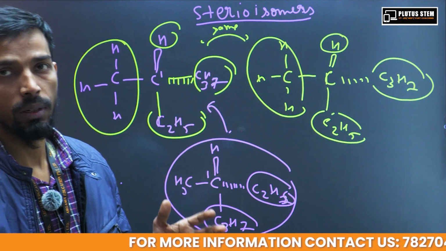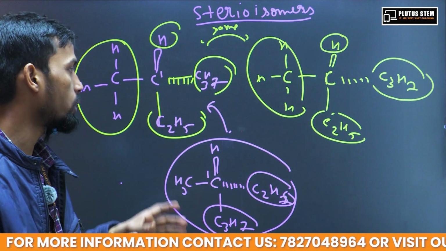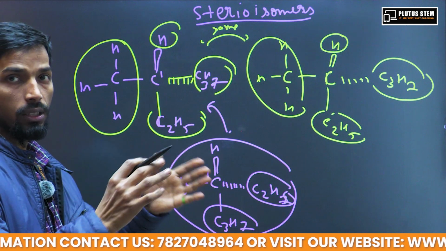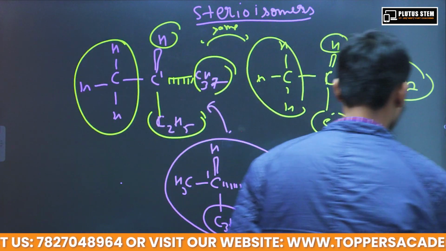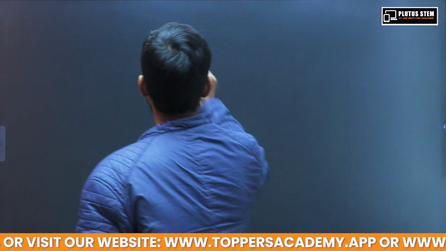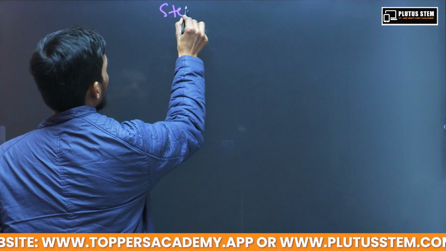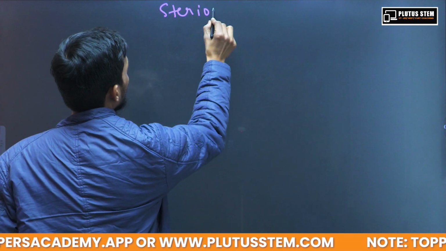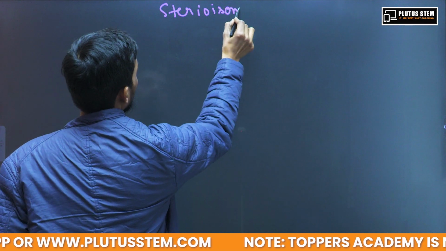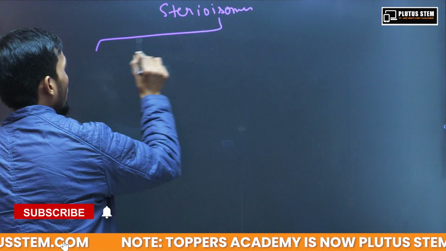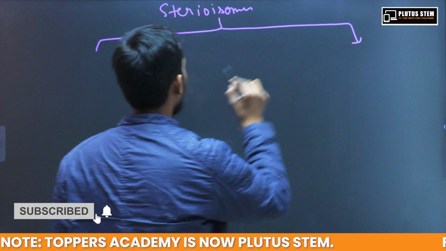So for this type of isomers, we are going to first classify how we can classify this orientation in 3D. These stereoisomers are generally classified into two classes.